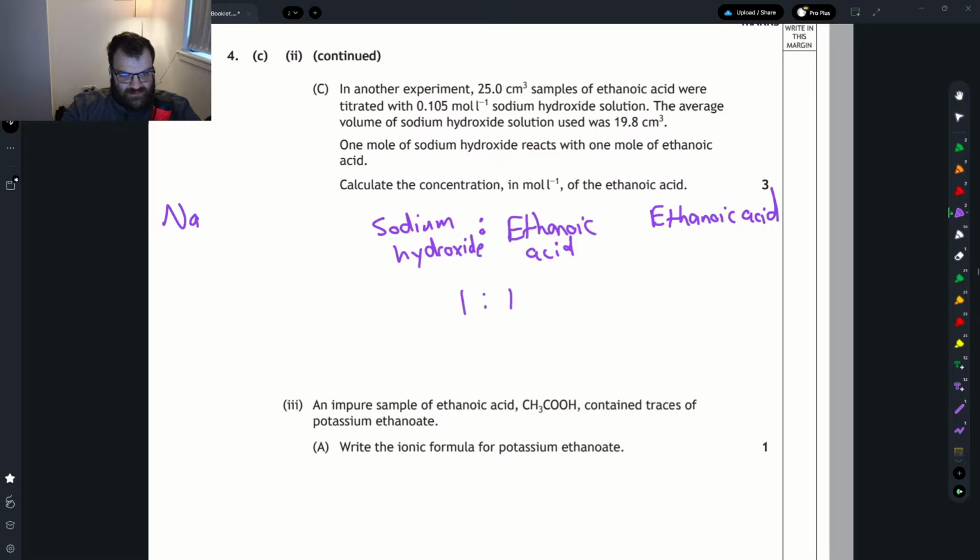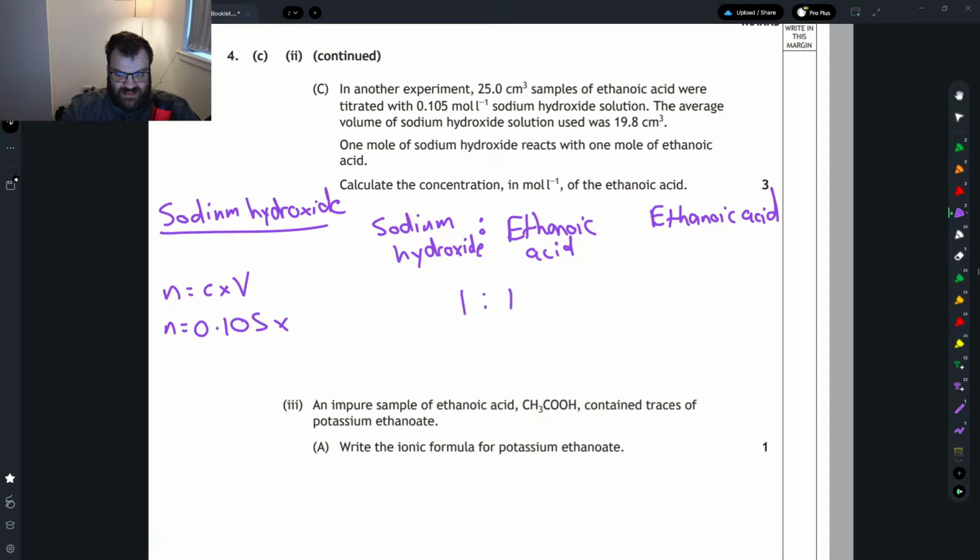So if we go over to sodium hydroxide, what are we told? I want the number of moles some way, somehow for that. So we are told the concentration is 0.105 times by 19.8, which would be 0.198.